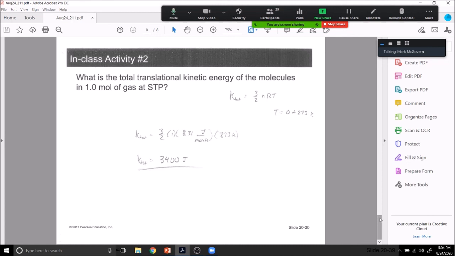If we put the numbers here, 3/2 times 1 mole times the gas constant times temperature, we get 3,400 joules of energy in that gas. Not a ton, but then again, gas is sparse. No big deal. Okay, let me stop my video.